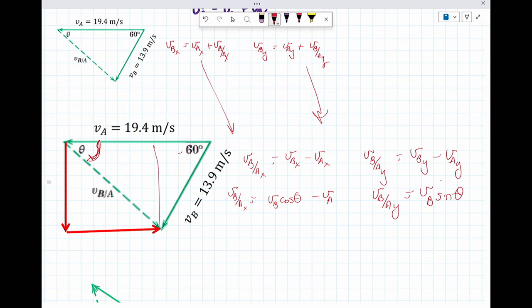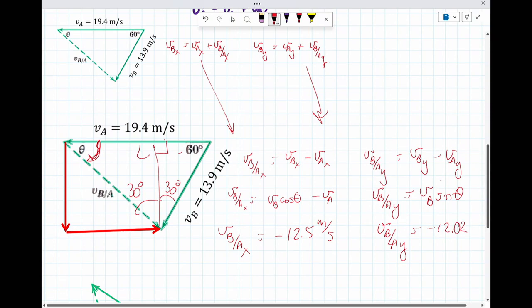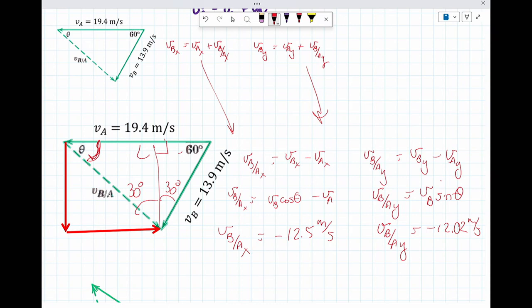Yeah, it's 60 degrees. No, that should be 30.